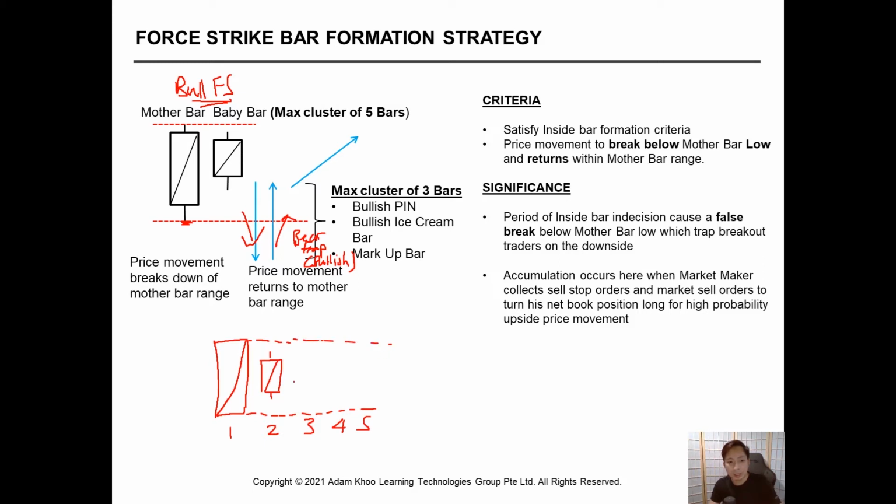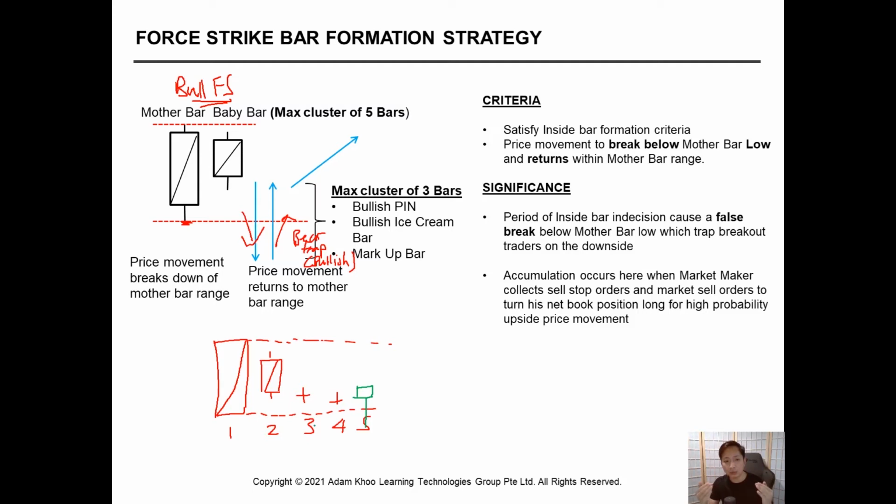So basically, let's say the third bar is a doji, the fourth bar is also a doji, and then the fifth bar, you have a bullish pin, for example. So by the third, fourth, or fifth bar, you want to see any price bar go below the mother bar low. It can also be a gap down.